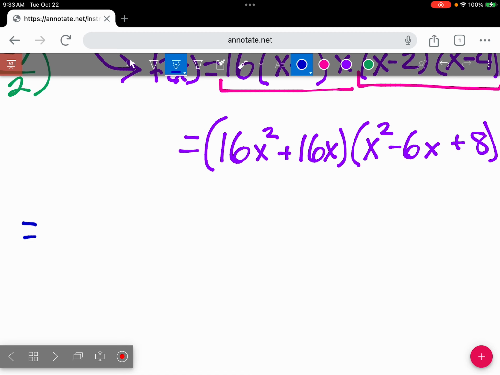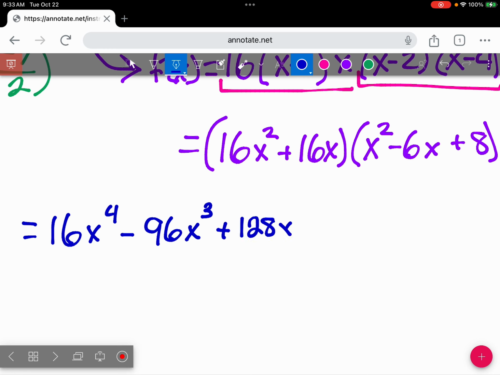Because we're going to have our 16x squared times our x squared, giving us 16x to the 4th. Then we're going to have our 16x squared times our minus 6x, and we get minus 96x cubed. 16x squared times 8 gives us 128x squared.